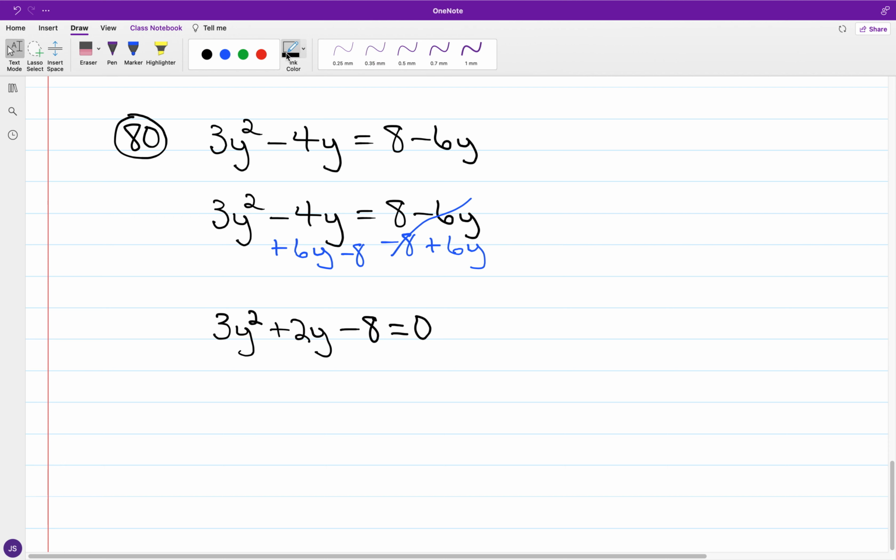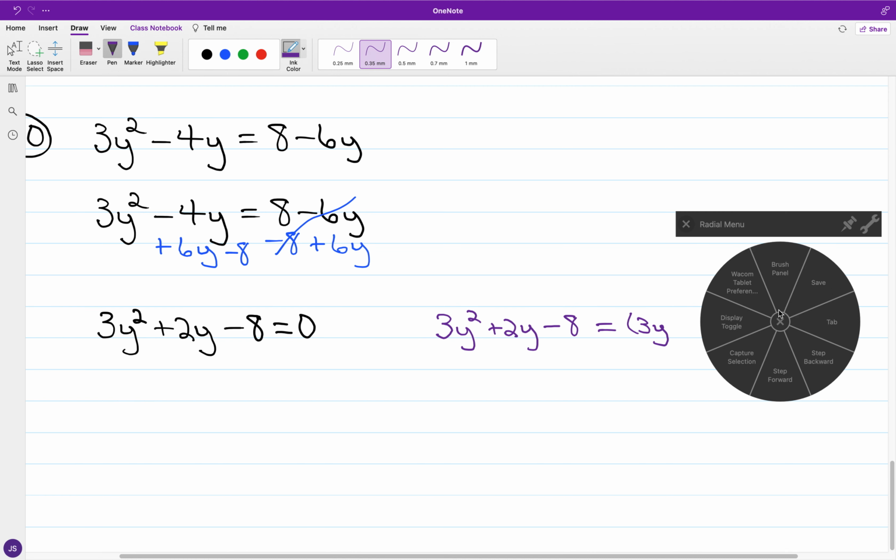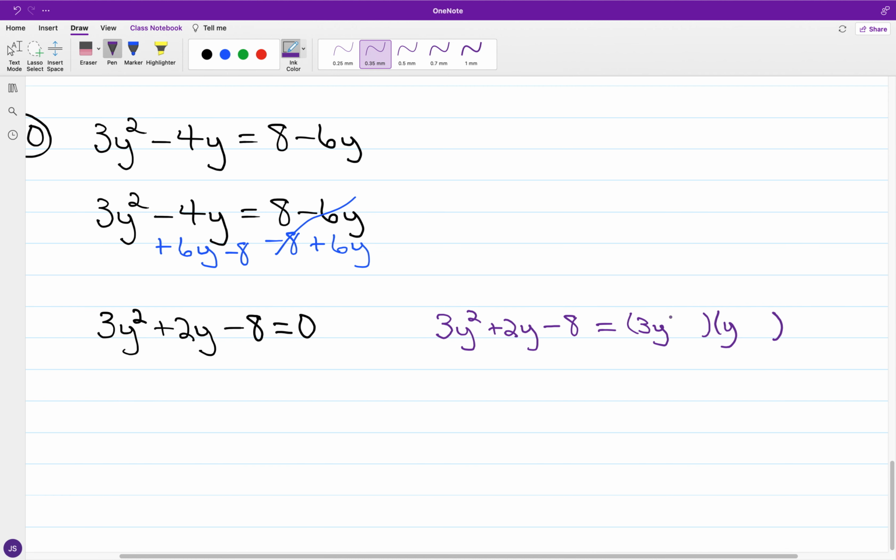Now, just for the trinomial 3y squared plus 2y minus 8, I could do a little bit of guessing to find the combination of binomials. 3y squared would go to 3y and y, and the question would be, after 3y, would I be adding or subtracting? Same thing for y, would I be adding or subtracting?